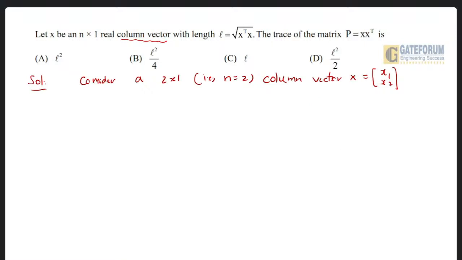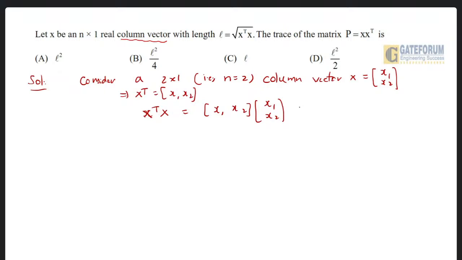Now, what is x transpose? Row vector x1, x2. The length is given by x transpose into x. That is row matrix x1, x2 multiplied with column matrix x1, x2. So finally this gives a single element. This is also the definition of the length of a vector: square of the length of the vector is x transpose into x.